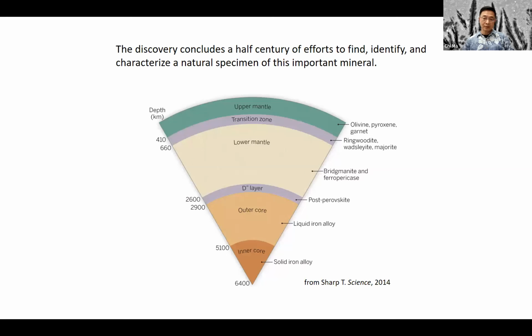This discovery concludes a half-century of effort to find, identify, and characterize a natural specimen of this important mineral. Bridgmanite is a dominant phase in the lower mantle.